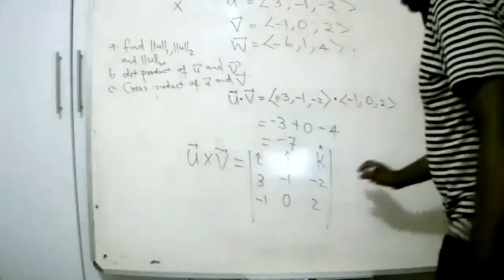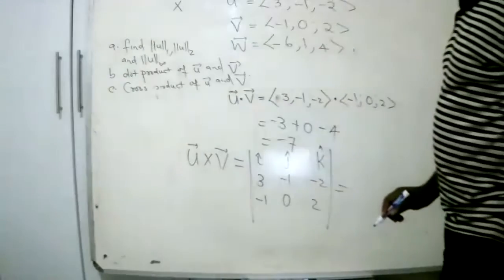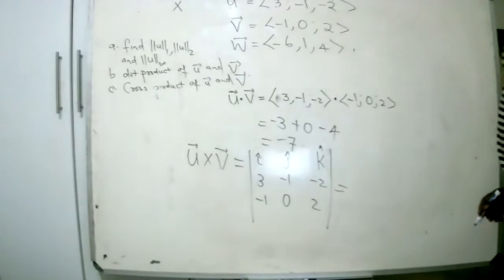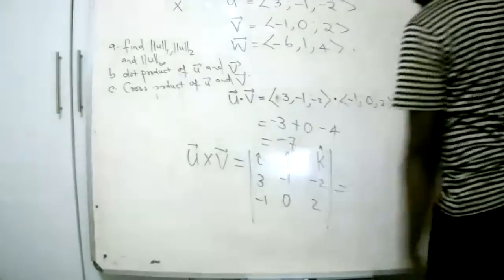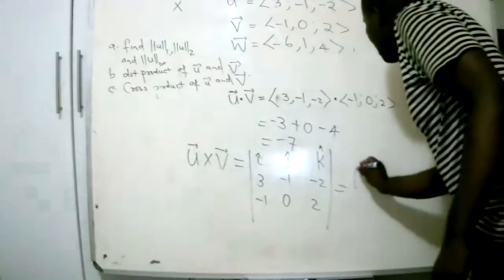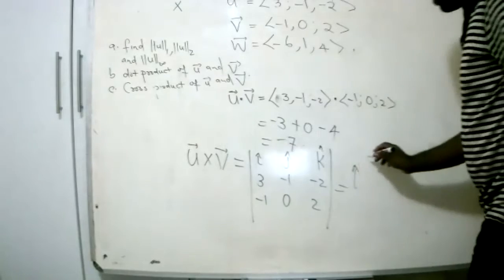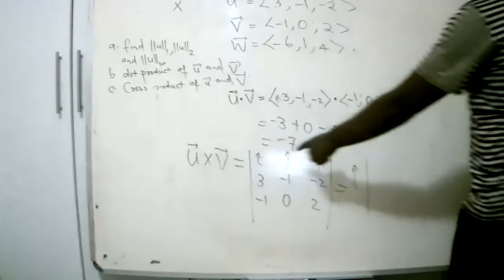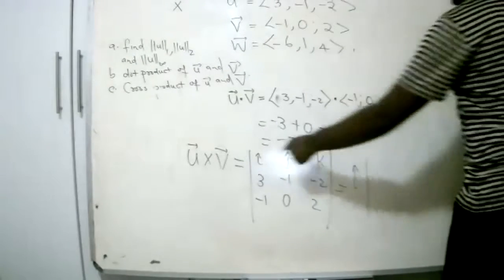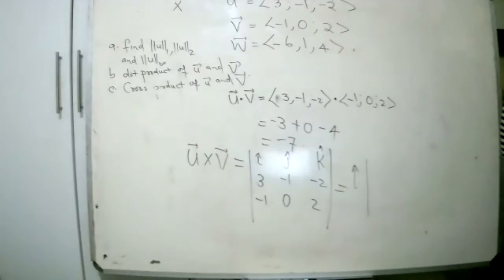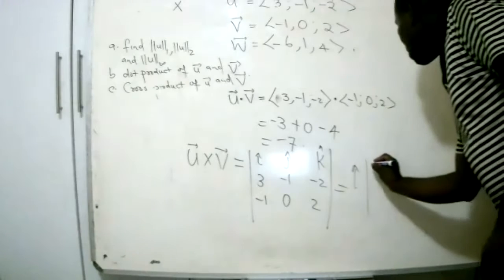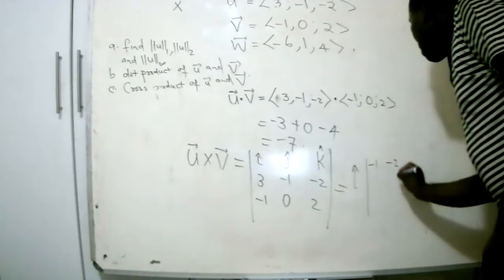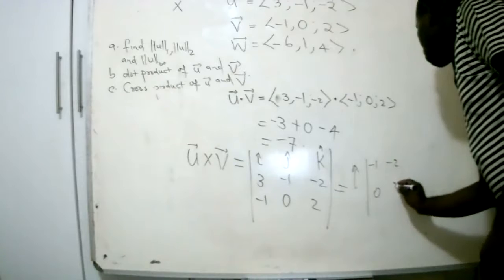All right. So now let's find the determinant of this. For i, we cover the first row and first column, and we remain with -1, -2, 0 and 2.